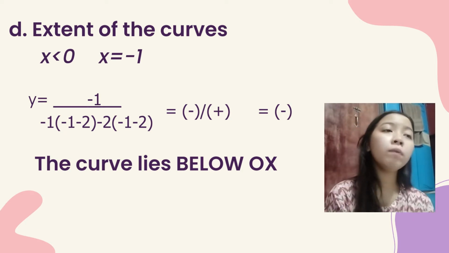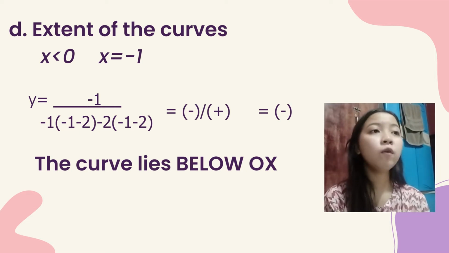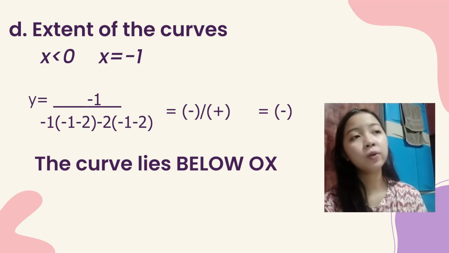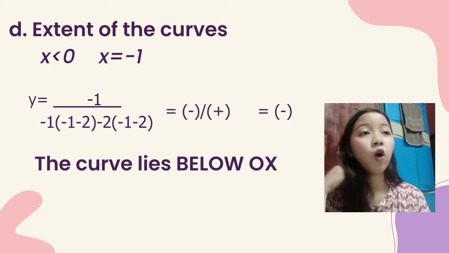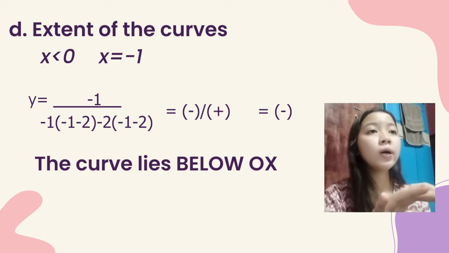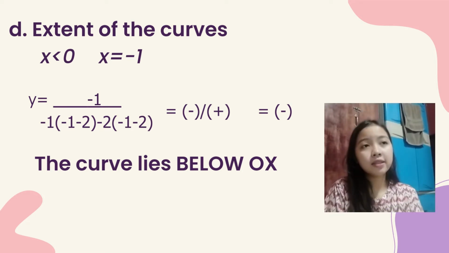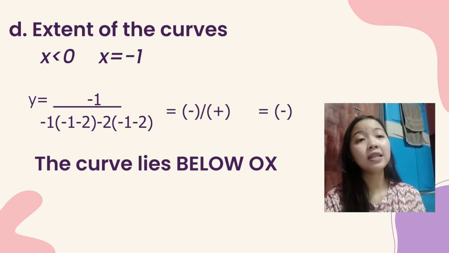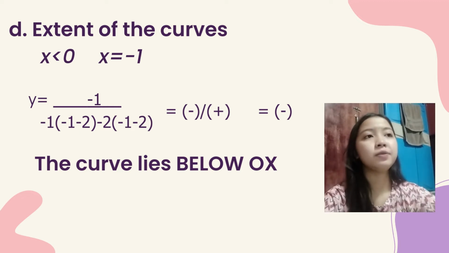Then y equals negative 1 all over negative 1 times the quantity negative 1 minus 2 times the quantity negative 1 minus 2. So it will become negative over positive, and negative divided by positive is negative. Any numbers that are not of the same sign give a negative result. Therefore the curve lies below the x-axis.